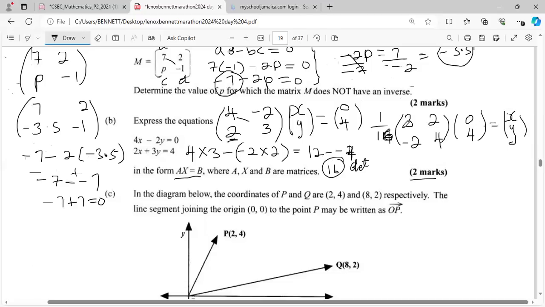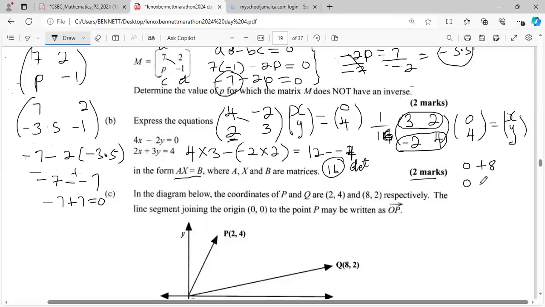So what we do now, we put this in rows. And of course, you have the 1 column there. So 3 times 0, 0. This part is not hard because it's only 1 column. You can't miss. 3 times 0, 0. 2 times 4, 8. Alright, let me see the other one. Negative 2 times 0, 0.